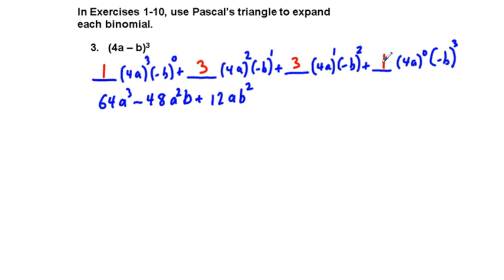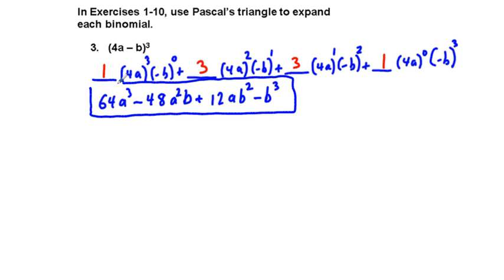And then our final term is we're going to have 4a to the 0 power, which is 1 times 1, but negative b to the third power, so we're going to get minus b to the third power, or b cubed. So this is going to be our answer using Pascal's triangle for problem number 3.